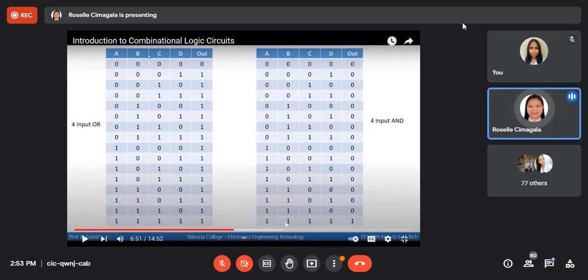Pareho ra sila og pattern kay 4 input man pareho ring AND gate, naglahi na lang sila sa output. So kung OR, if naay usa ka input mo 1 aning upat ka input, mo 1 ang output. Opposite si AND, kung naay usa ka input mo 0, 0 ang output. Mo 1 ra ang AND kung 1 ang tanang input.